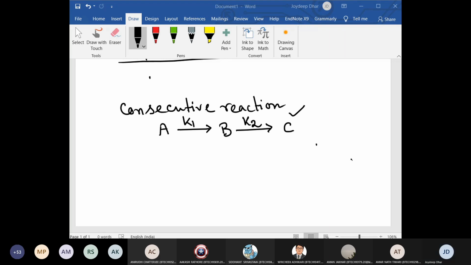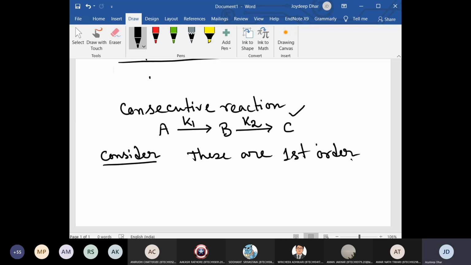A reaction can be more than first order, but for simplicity we will consider that the reactions A to B and B to C are all first order reactions, so that the overall equation will look simple.